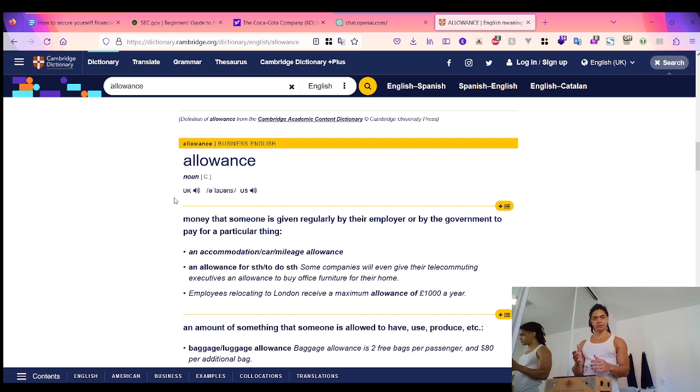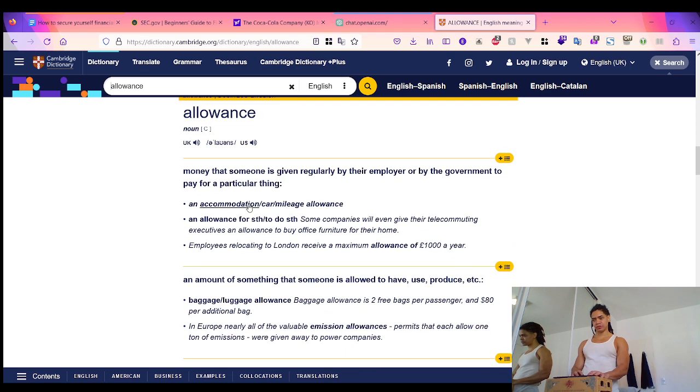And here it is money or a discount that the company is giving to its customers. That's an allowance. Another example is an accommodation allowance, an allowance to do something. Companies will give their telecommuting executives an allowance to buy office furniture for home.